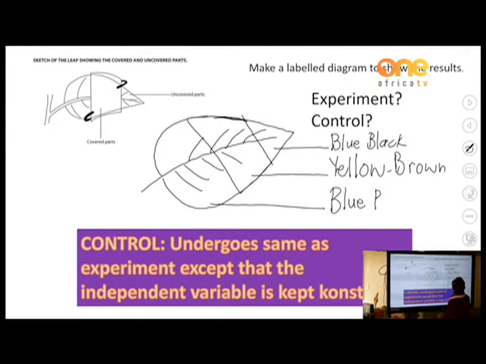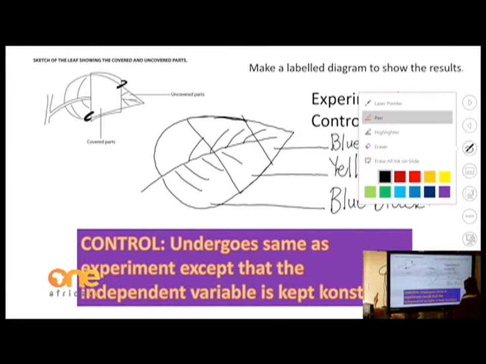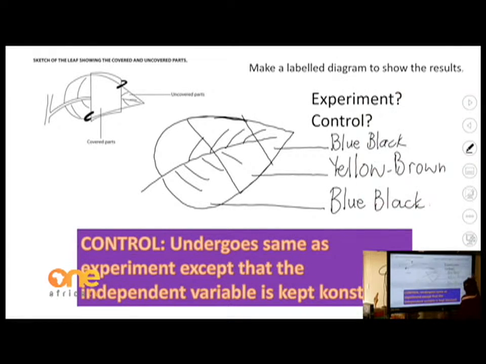And now, as the Tannie told us in the video, which part is the experiment? The part where the light was taken away. So if we use a highlighter, the experiment will be this part. Yes? That part is the experiment.